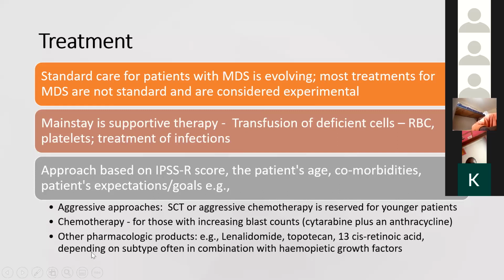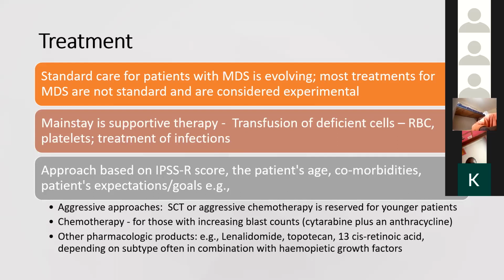The chemotherapy, again, for those who have very good prognosis, we may not bother giving them any chemotherapy, but those where the blast count has started to rise, we may start to give some chemotherapy. Then there are other pharmacologic products. Some of those are related to the anti-growth factors like lenalidomide.